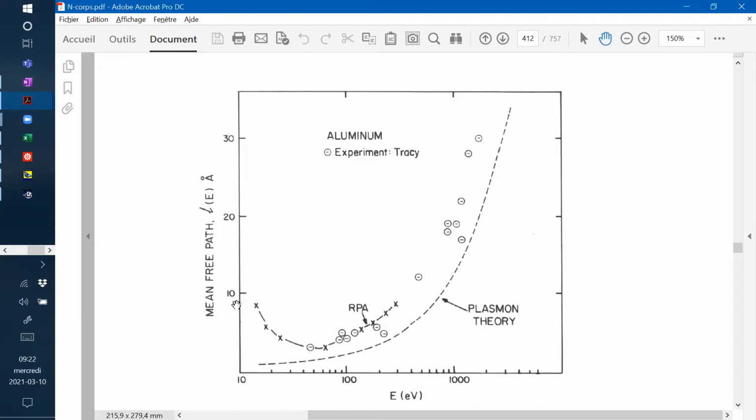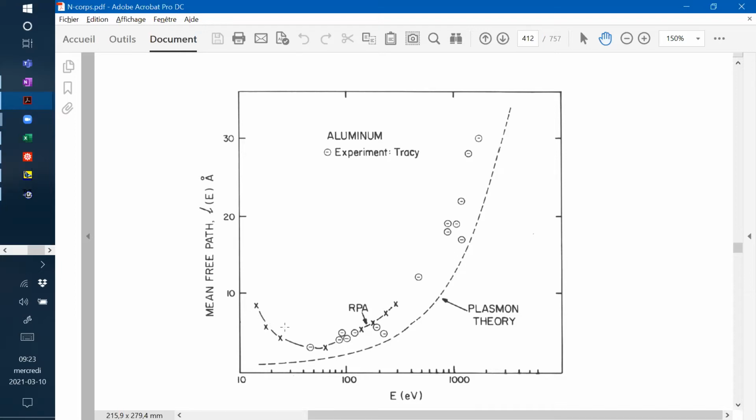Now, this is the mean free path. So the mean free path is computed simply from the imaginary part of the self-energy times the Fermi velocity. So that gives the scattering rate, so the scattering time, and if we use the Fermi velocity, that gives the mean free path.